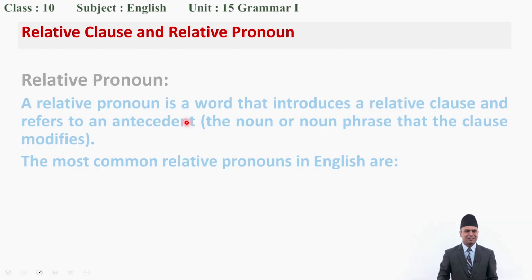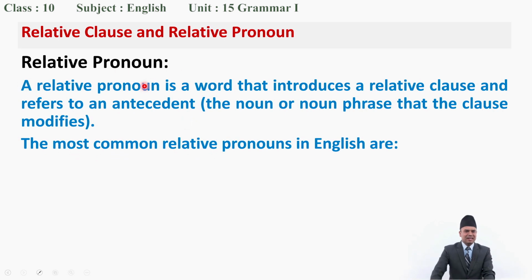And then after, we discuss relative pronoun again. A relative pronoun is a word that introduces a relative clause and refers to an antecedent. Have you heard this word before? Antecedent means the noun or noun phrase that the clause modifies.